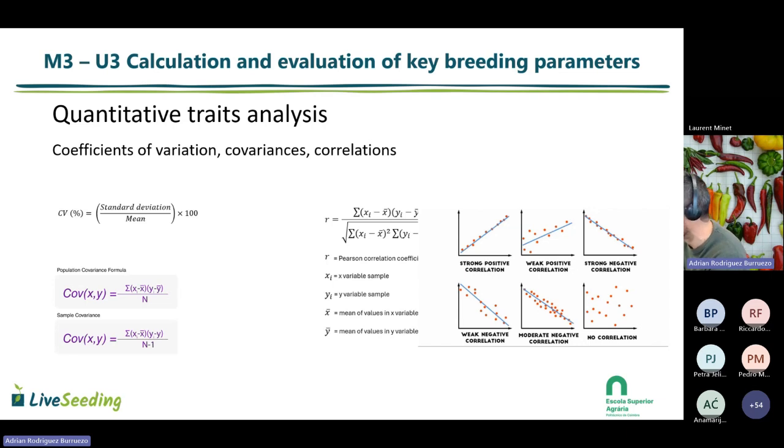Okay. And on the contrary, you have the examples of negative correlation, strongly negatively correlated. In the example on the right, the higher the value of the X trait, the lower the value of the Y trait.